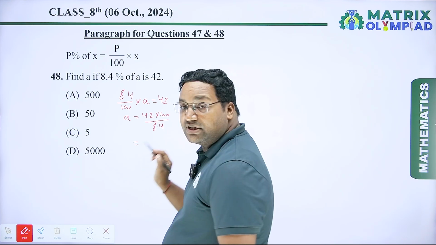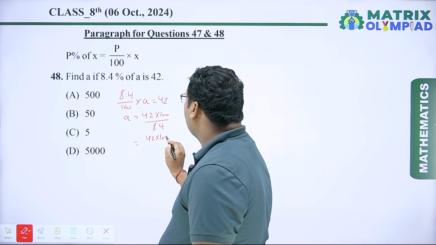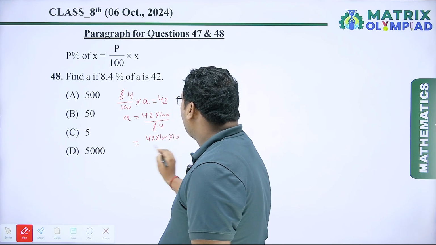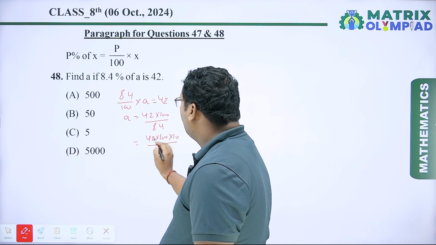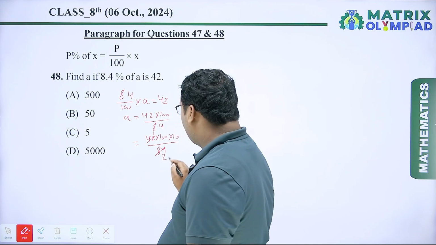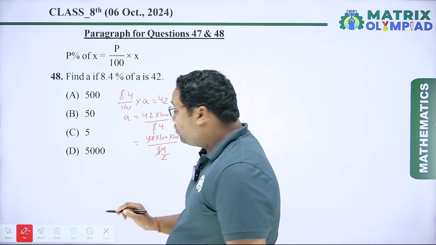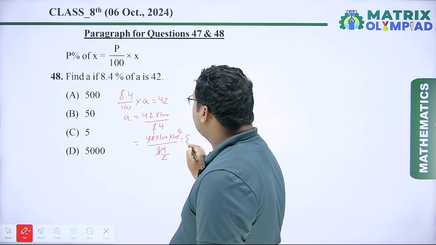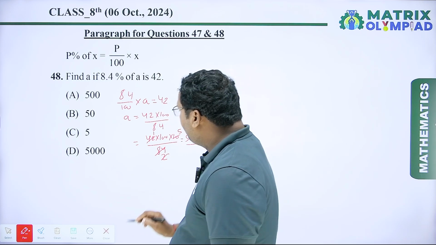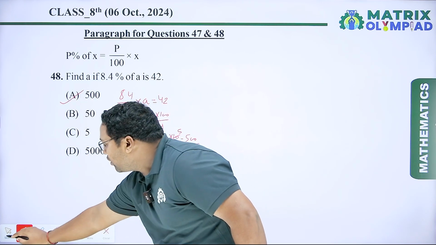First we have to remove this decimal. So we will get 42 into 100 into 10 upon 84. 42 1s are 42, 42 2s are 84. So 2 cancel out, 2 1s are 2, 2 5s are 10, 100 into 5 is 500. So the value of A is 500, which is option number A. So correct option is A.